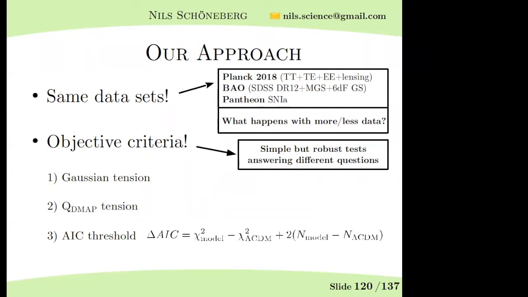So if you have 10 million parameters, of course you can fit anything arbitrarily well, but this thing will penalize it. So if you have 10 million additional parameters, you have to reduce your chi-square by at least 20 million in order for this to come out to 0. So then you suddenly raise the bar. If you have more parameters, it's more difficult.